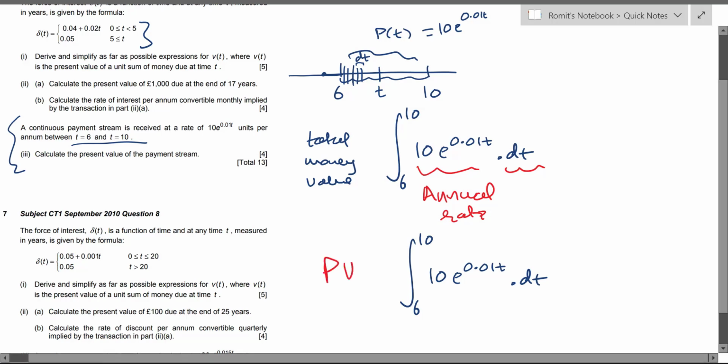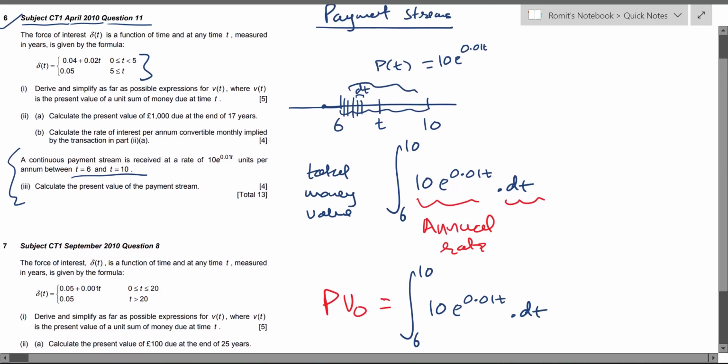Now if I am to calculate the present value at time 0, how will I calculate that? I'll discount each of these payments. These payments are occurring at different points of time. Between time 6 and 10, there will be a payment at time 6.1, at time 6.2, almost continuously at every moment from time 6 to 10.